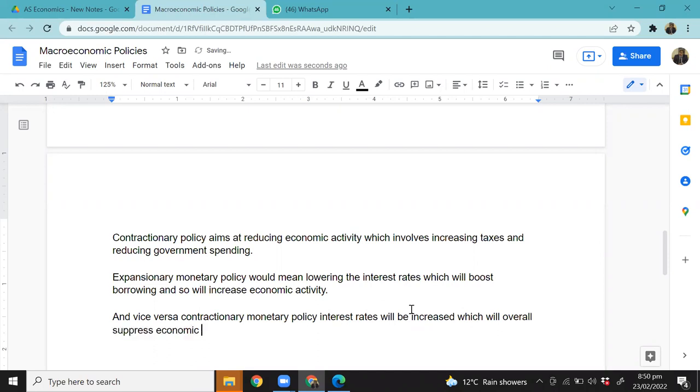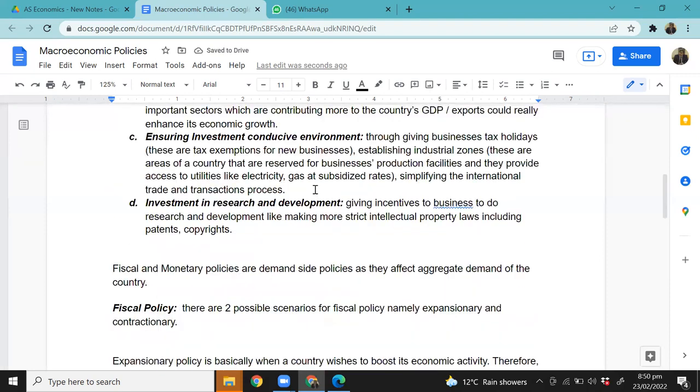Right? And when will you use contractionary policy? When you have to reduce inflation, control economic activity. Easy, students, any confusion so far? Anything that's not clear, anything you want to ask me?